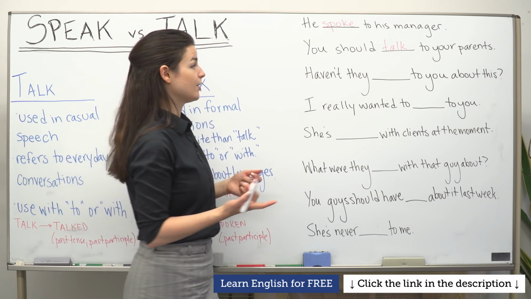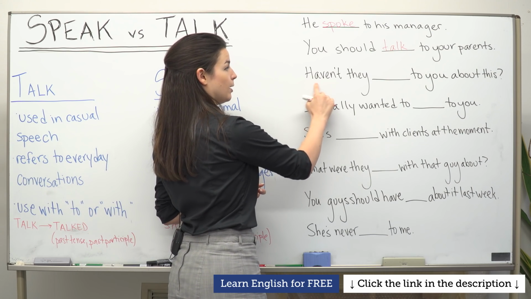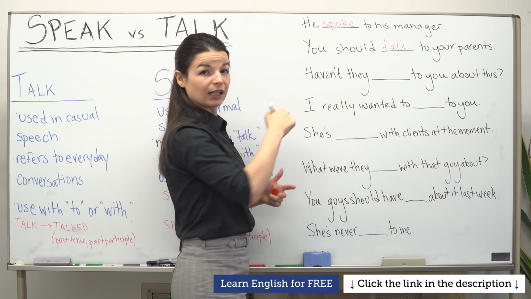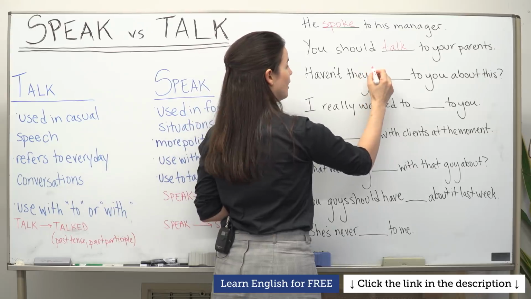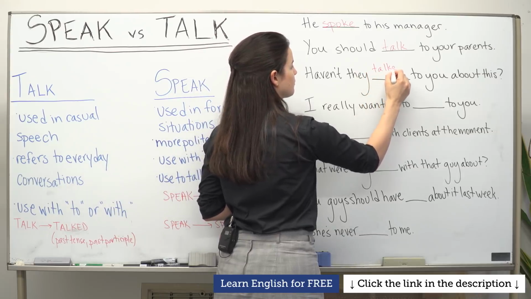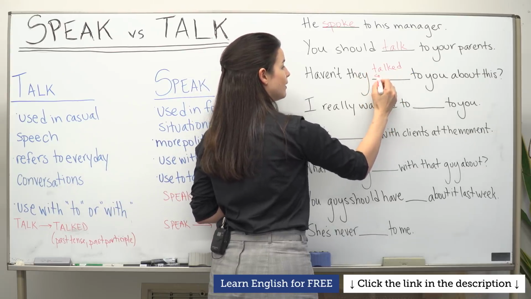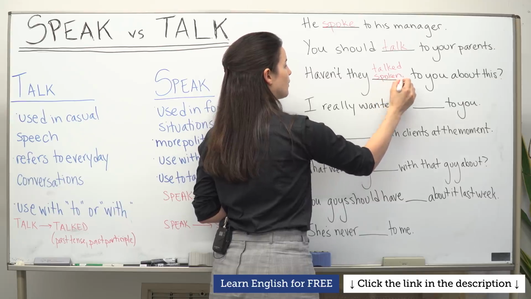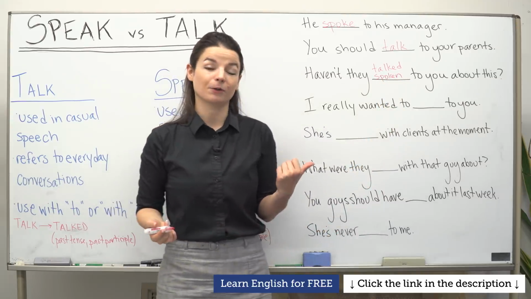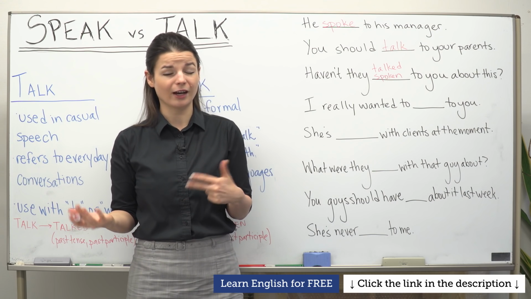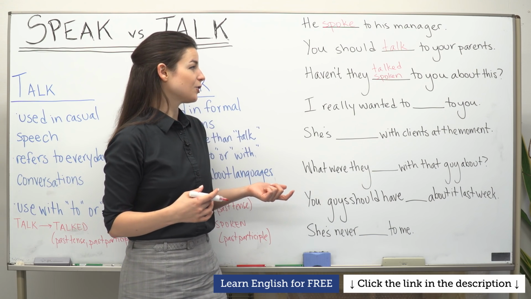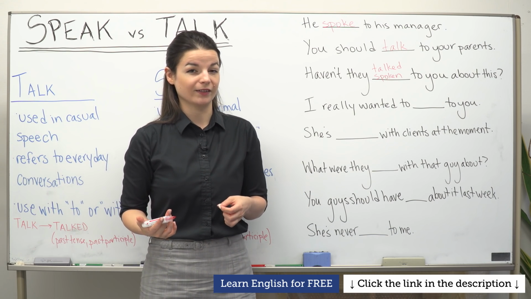But we do need to conjugate the verb correctly so that it matches this haven't at the beginning of the sentence. So we can say, haven't they talked to you or haven't they spoken to you about this? Both are correct in this case. Haven't they talked to you? Haven't they spoken to you? It just changes the level of formality of the sentence.